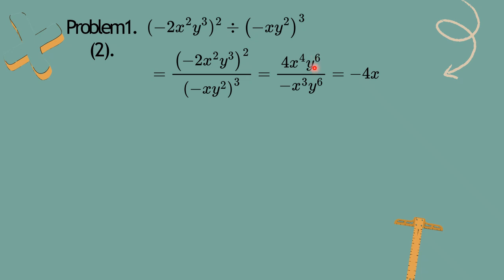And we do the same at the bottom, so we can cancel the y to the power of 6, and 4 divided by minus 1 is minus 4, and x to the power of 4 remains x after canceling with x cubed.